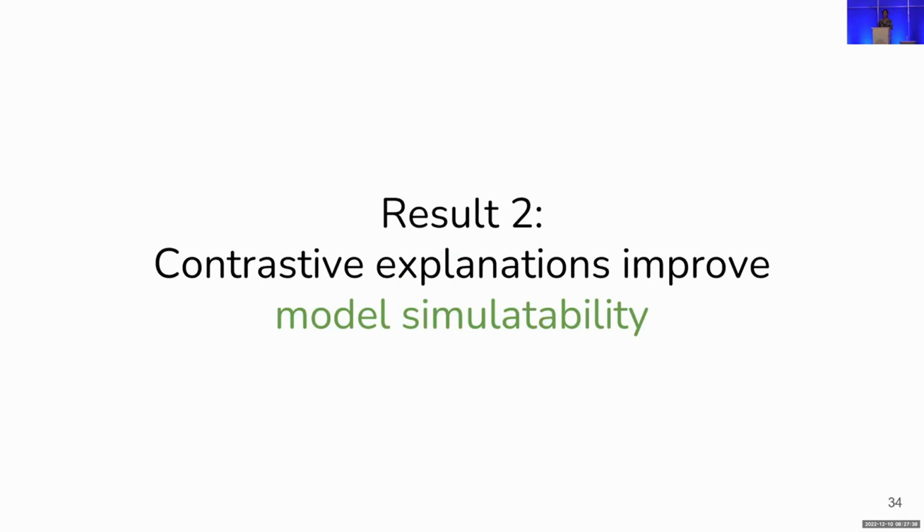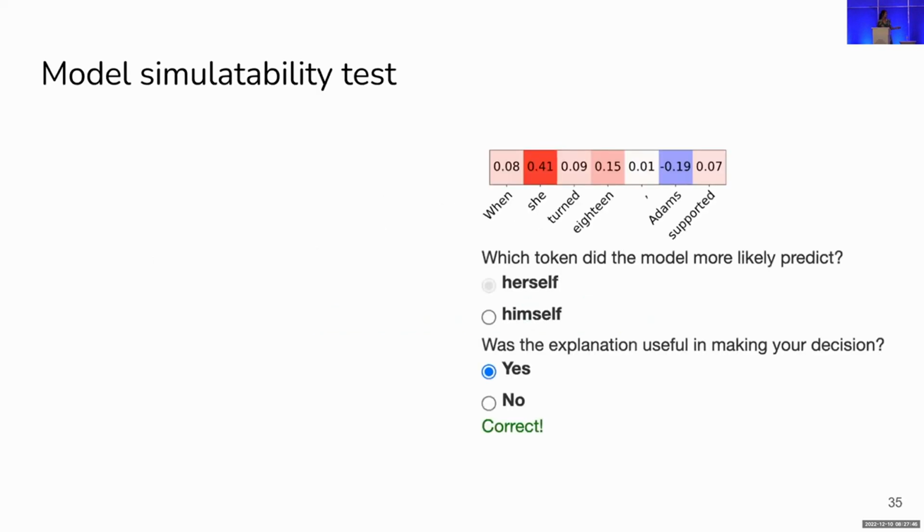So our second finding is that contrastive explanations can better help human users predict what the model would have predicted. To do this, we performed a user study where we created a web interface shown here. For each task, we show an explanation for the model prediction from the GPT-2 model.